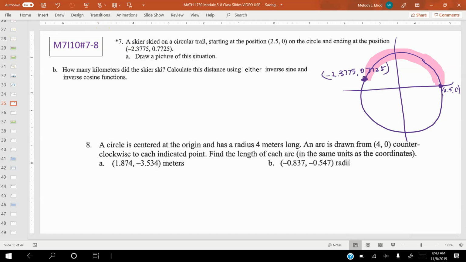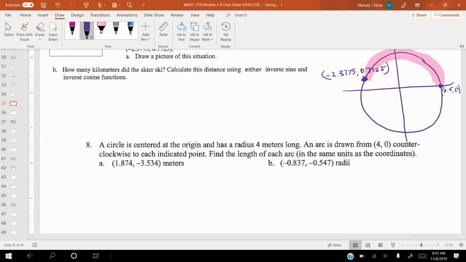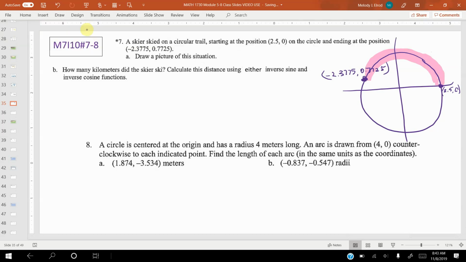So what I'm really looking for is s. And to find s, that's the angle times the radius. Well, the radius is easy, that's 2.5, but we don't know the angle of rotation from here over to here. What we need to find is this angle.